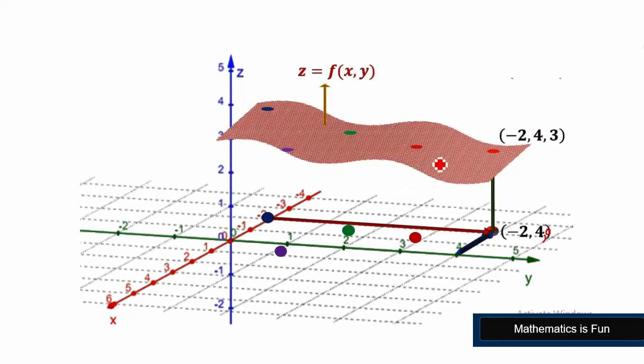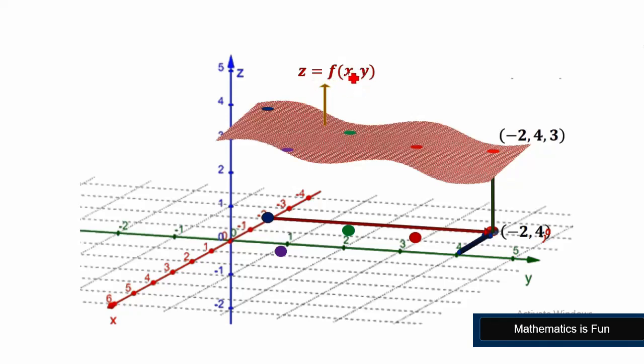So this surface is basically made up of infinite such points which have 3 coordinates x, y and z, where we can say xy are the points on the xy plane, which we can say are the inputs, and its output is its height, which is represented by z. So it can be represented as z is equal to f of xy.